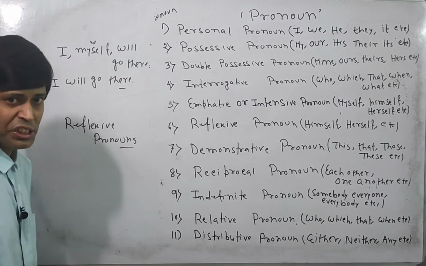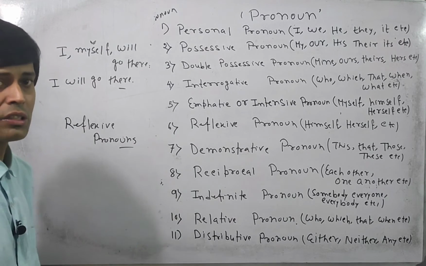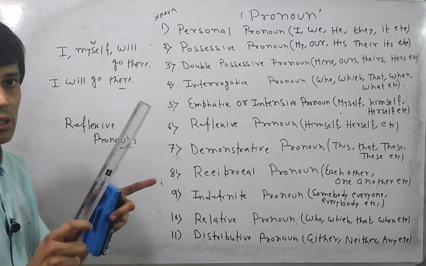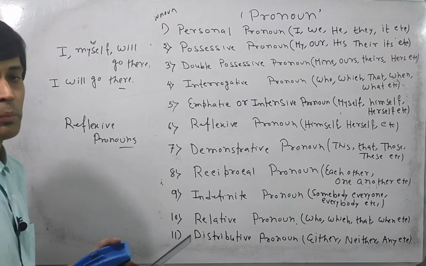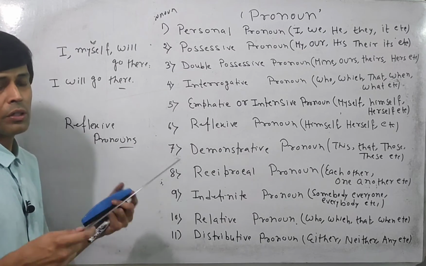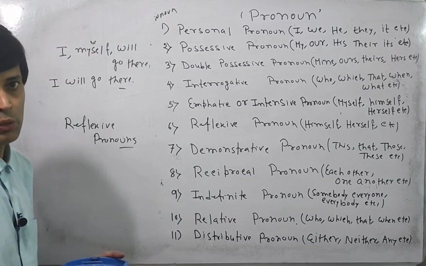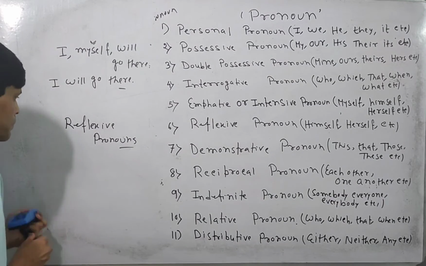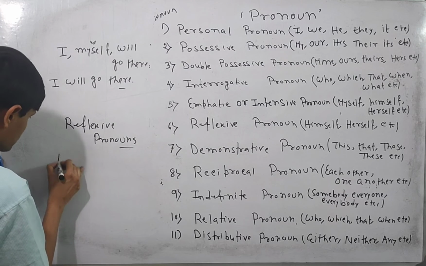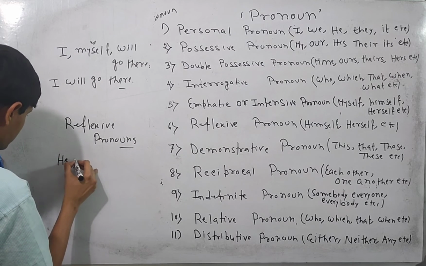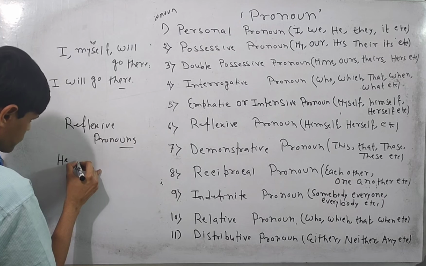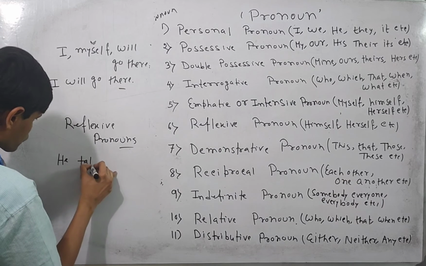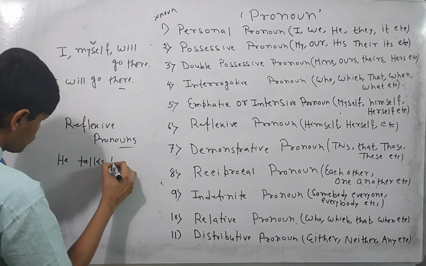Whenever the reflection of the subject falls upon the object to make the sentence meaningful, because without placing any object we cannot make any sentence meaningful. Suppose I say he talks to himself.